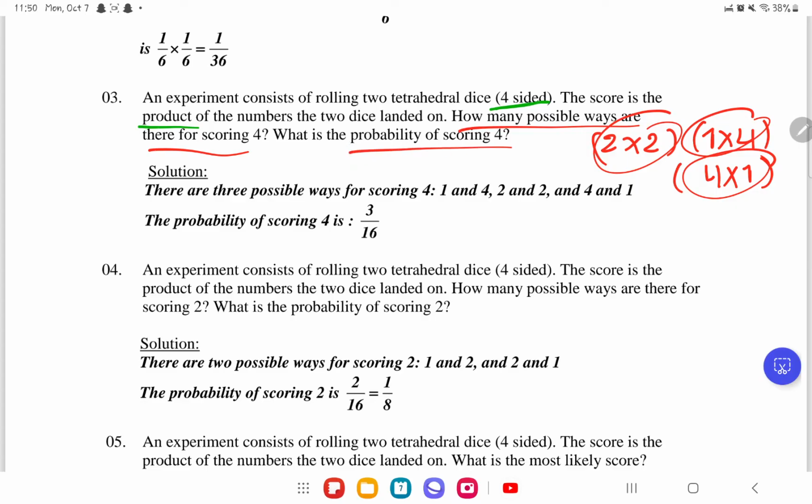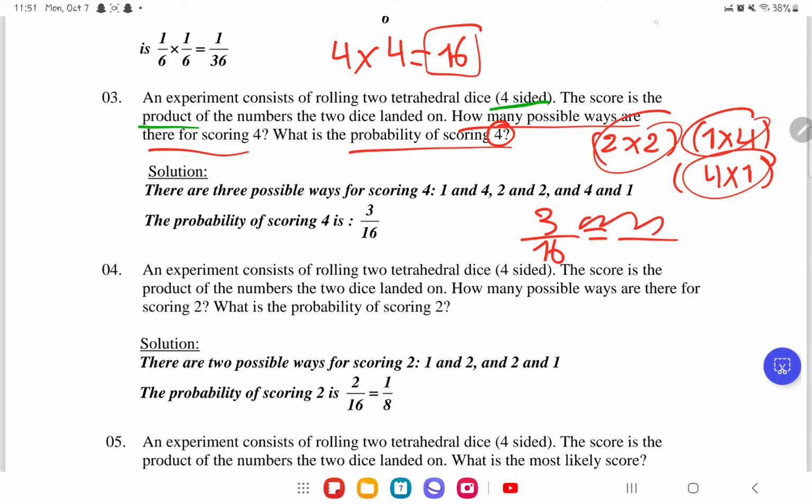Now what's the probability of scoring 4? It's going to be 3 out of the total possibilities, which is 4 times 4, so the total possibilities is 16. So 3 out of 16 we will get. Actually no, it is in simplest form.